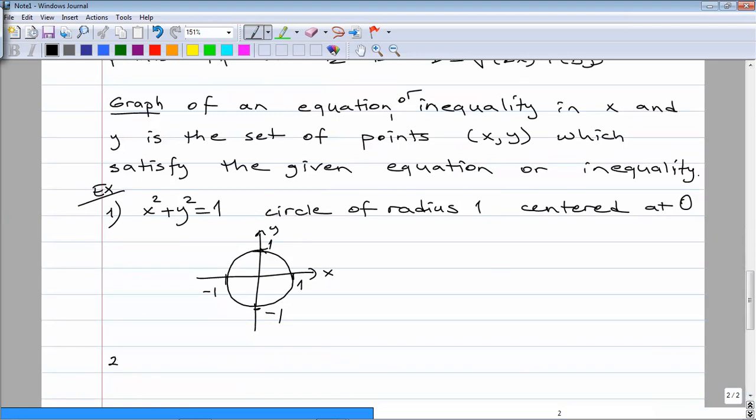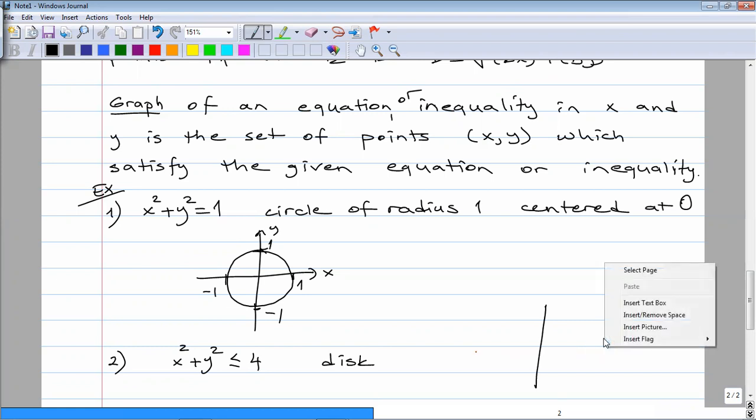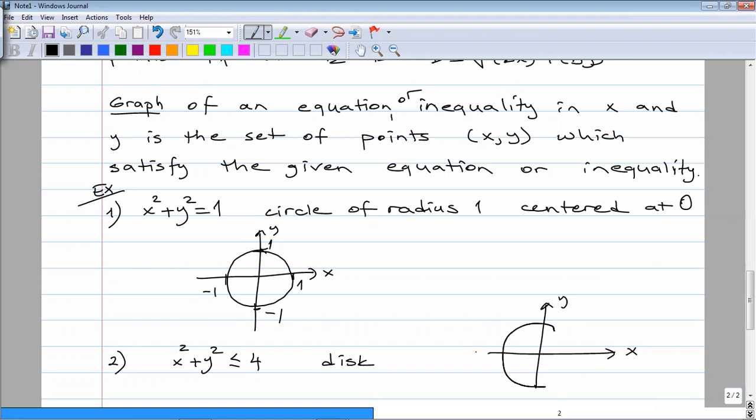If instead of an equation you take an inequality, let's say x squared plus y squared less than or equal to 4, then this is a disk of radius 2. So this is 2. The circle together with all the points inside the circle, we call it a disk.